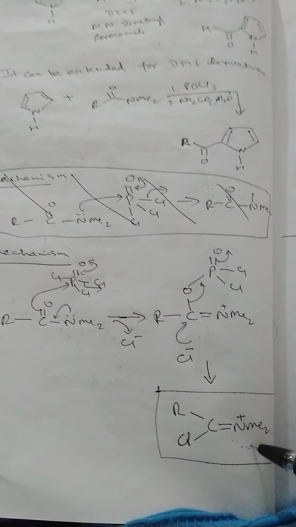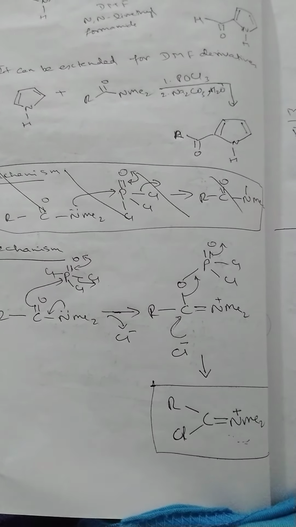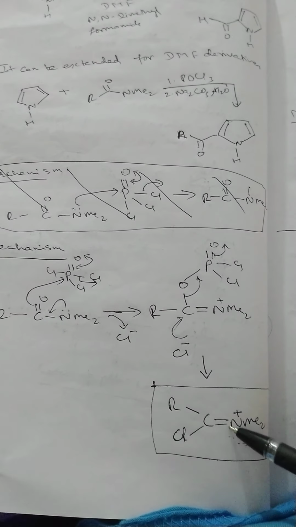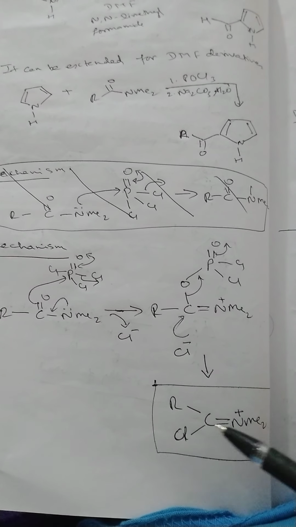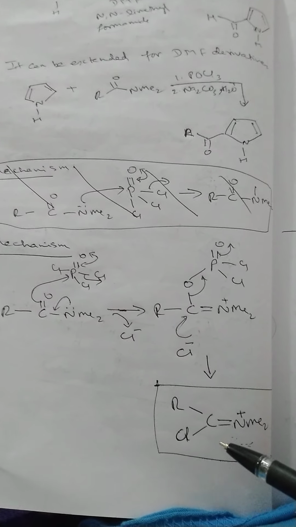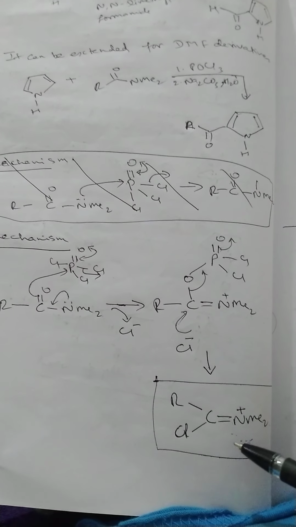They ask you what is the reactive species which reacts with pyrrole in the Vilsmeier-Haack formylation reaction. So you have to remember this intermediate, this Cl is there, it's an imine, C=N, an amine but with a double bond, so it is imine. This is the most important intermediate which they ask in competitive examinations, okay?